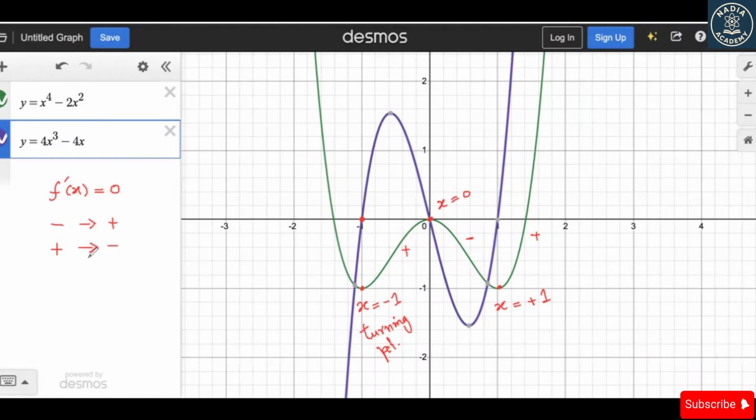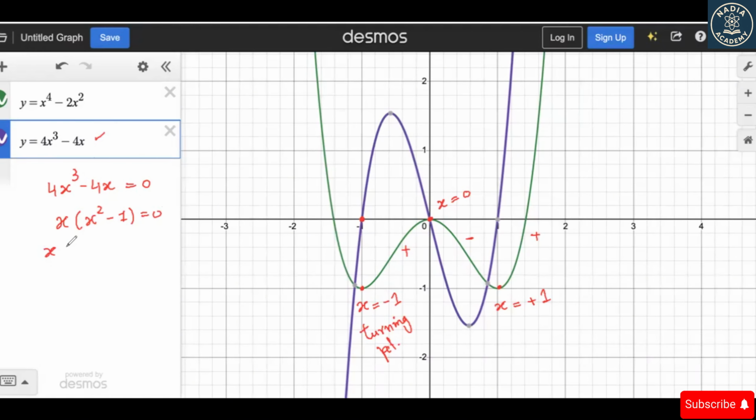So this information tells us that we can find the turning points when we put the first order derivative equal to 0. For example, this is the first order derivative. So we can say 4x^3 minus 4x is equal to 0. So 4 is common, and x is a common factor. We have x squared minus 1 is equal to 0.